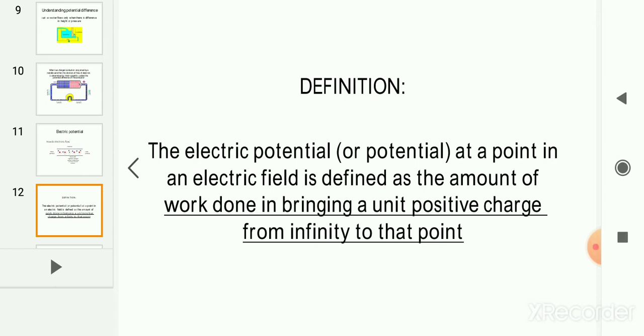Children, any definitions, especially in physics and chemistry, you should not change. If you try to write in your own words, the meaning gets changed. That's why try to learn the definitions as they are.